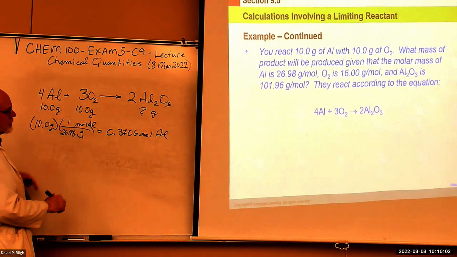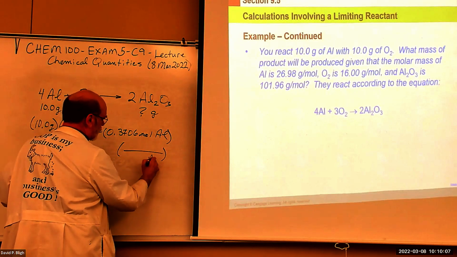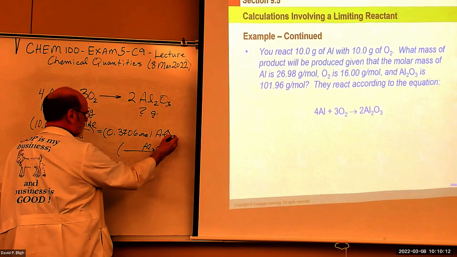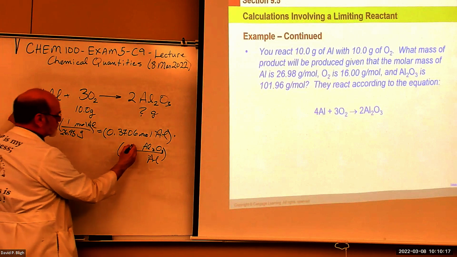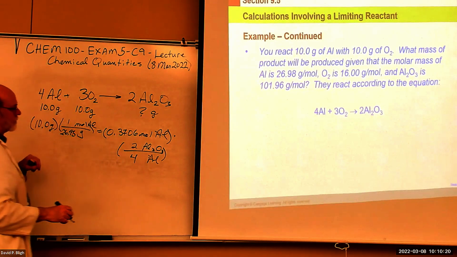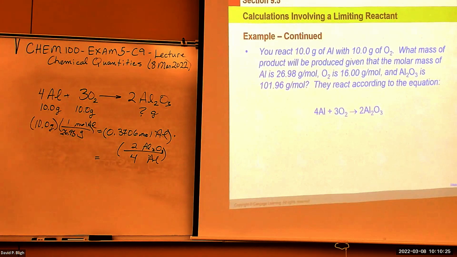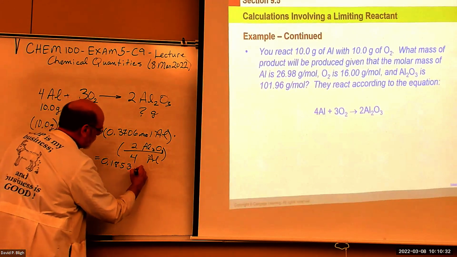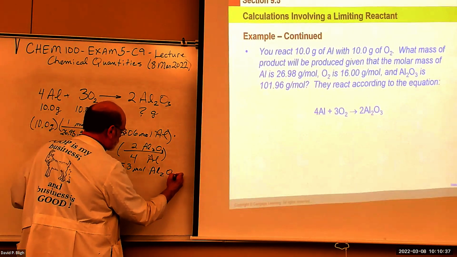Well, the ratio is 4 to 2. So if I want to cancel aluminum and leave me with aluminum oxide, the ratio is 2 here and 4 there. So 1/2 of that value is 0.1853 moles of aluminum oxide.